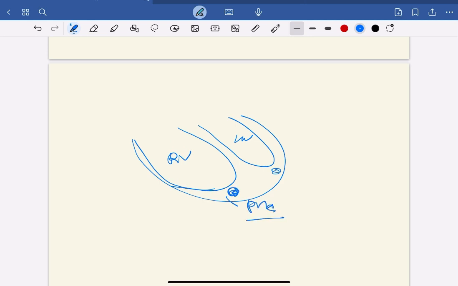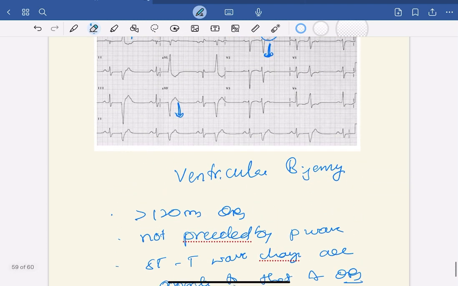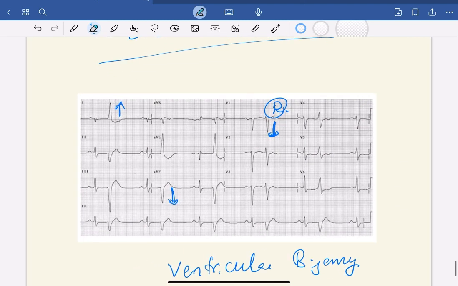So now you got the point how to localize the PVC focus. First we have to see V1, where in this case it is predominantly downward. So downward means right side, upward means left side.